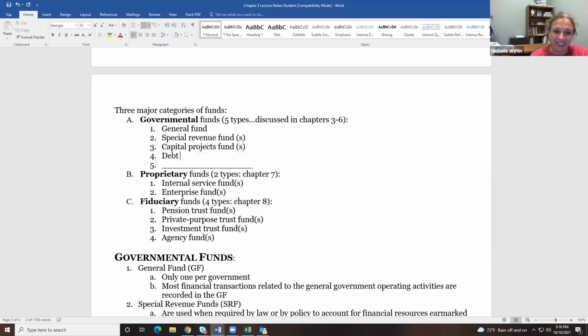And so debt service fund, have more than one of those, and then a permanent fund. That's one that like if money is going to stay in something and do something special, I don't really know. So that's an example of a permanent fund, right? So then proprietary, it can be internal service, and that means that they're providing a business-like service just inside of the government.